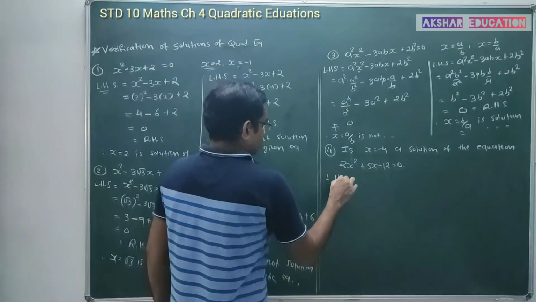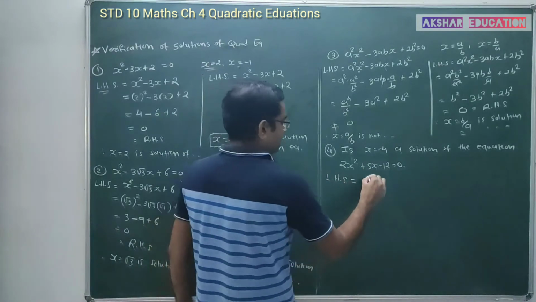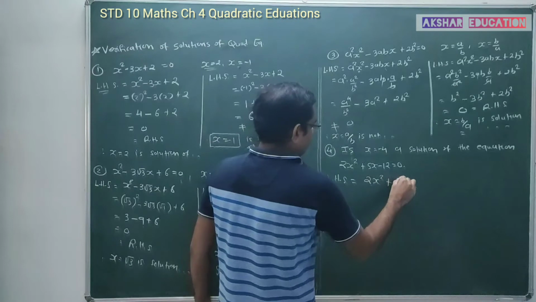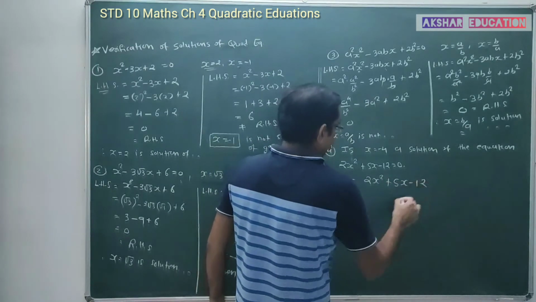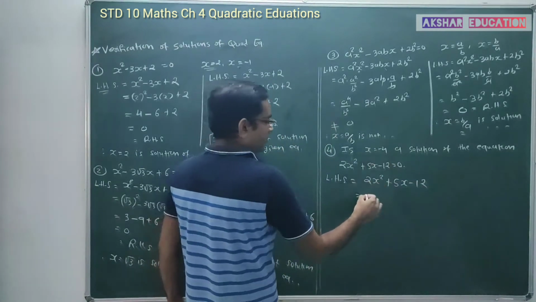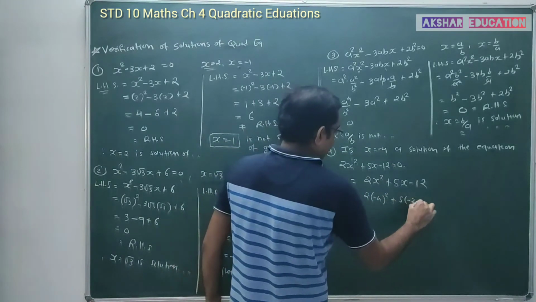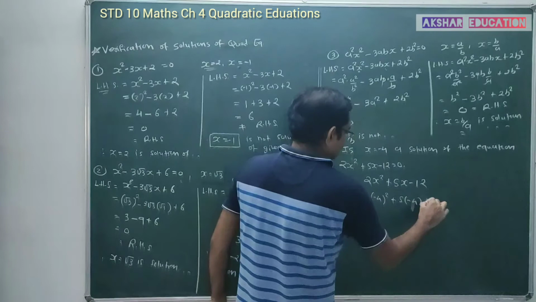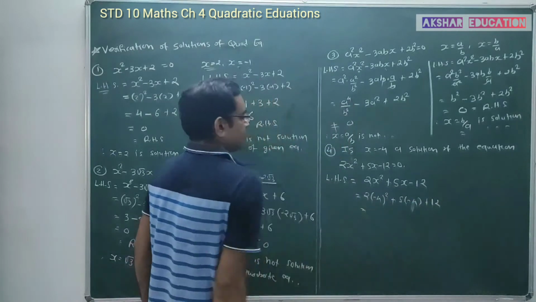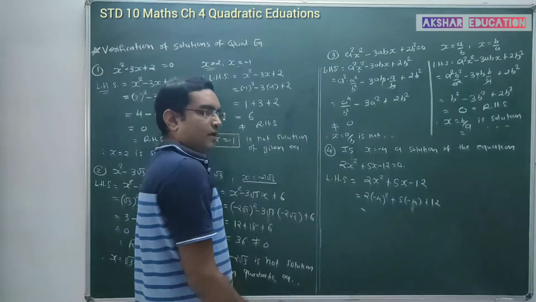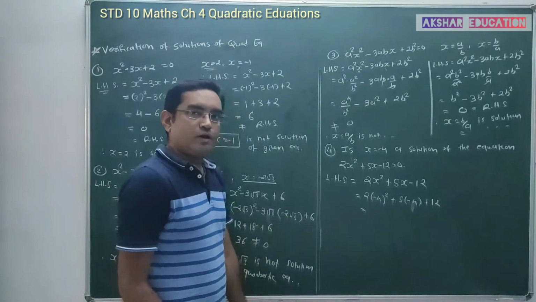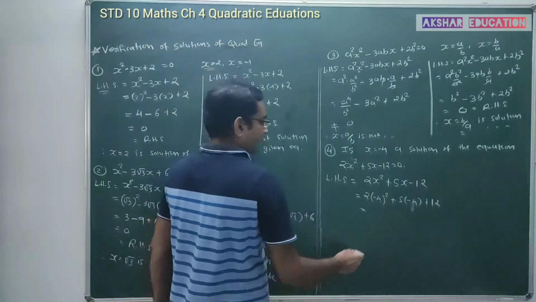So the left hand side of the given equation is 2x squared plus 5x minus 12. Now put x equal to minus 4 in this equation. So it's 2 into minus 4 whole square plus 5 into minus 4 minus 12. Minus 4 square is 16.